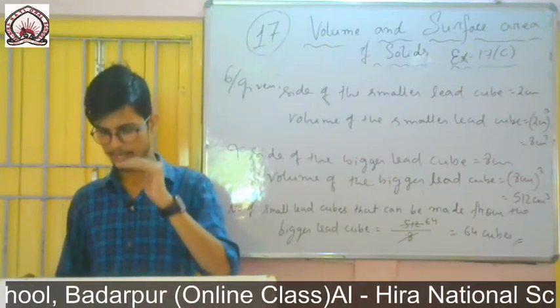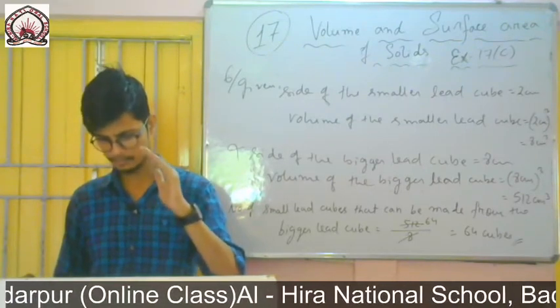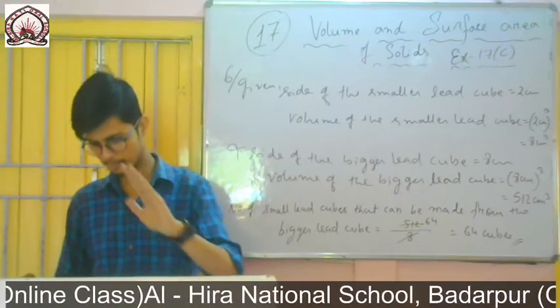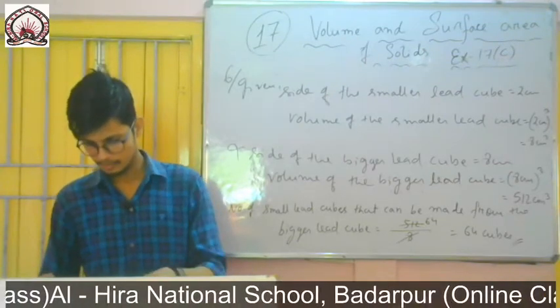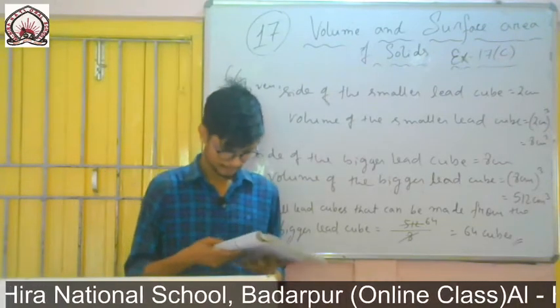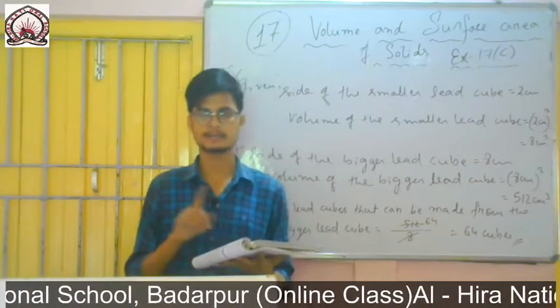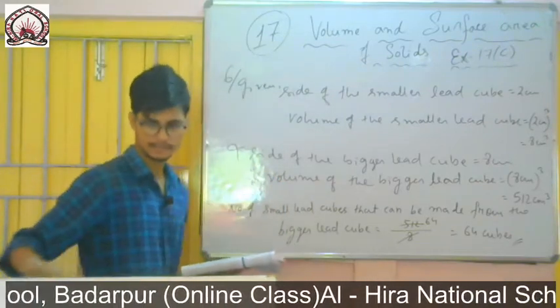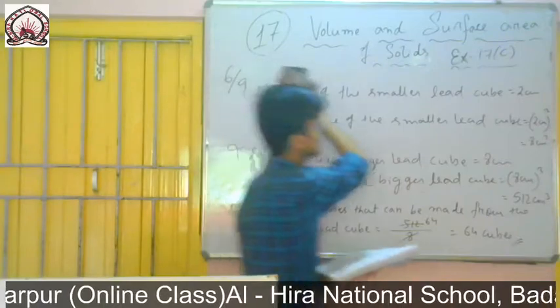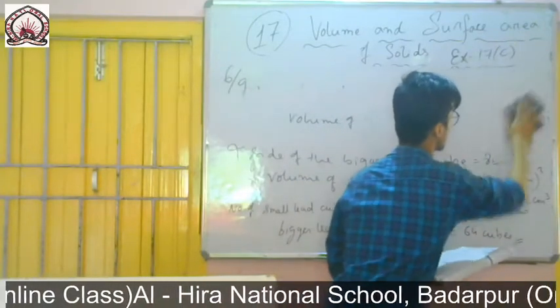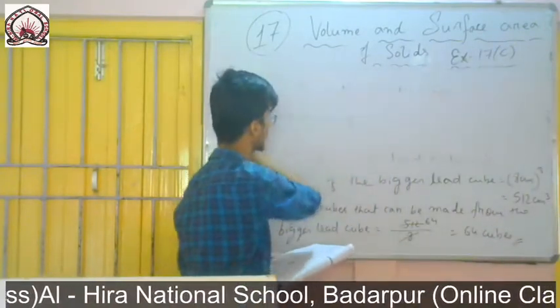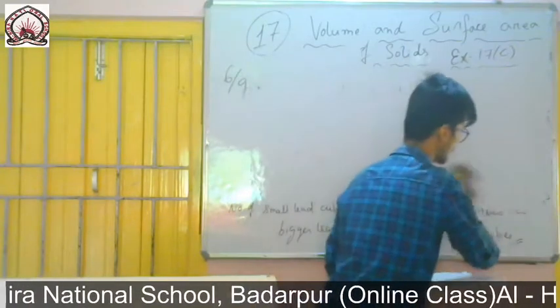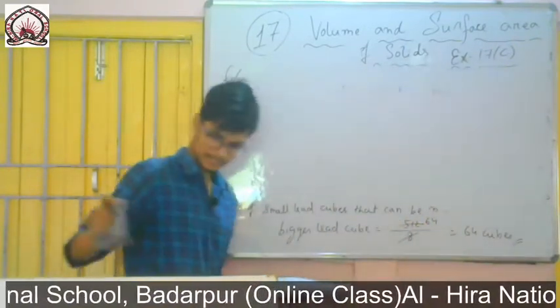That means 800 into 500 into 80, and you divide it by 8000, that means 20 into 20 into 20. So the last line will be like this. First you find out the volume of this cubical box, and then you find the volume of the log, and the last line you write like this.